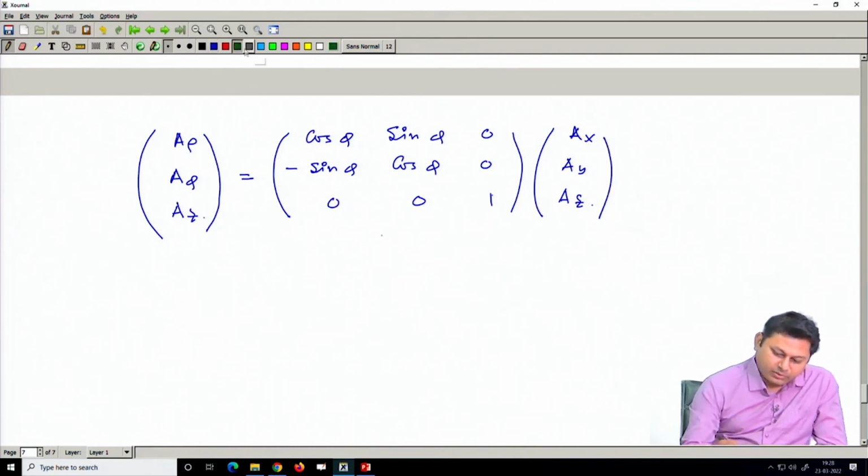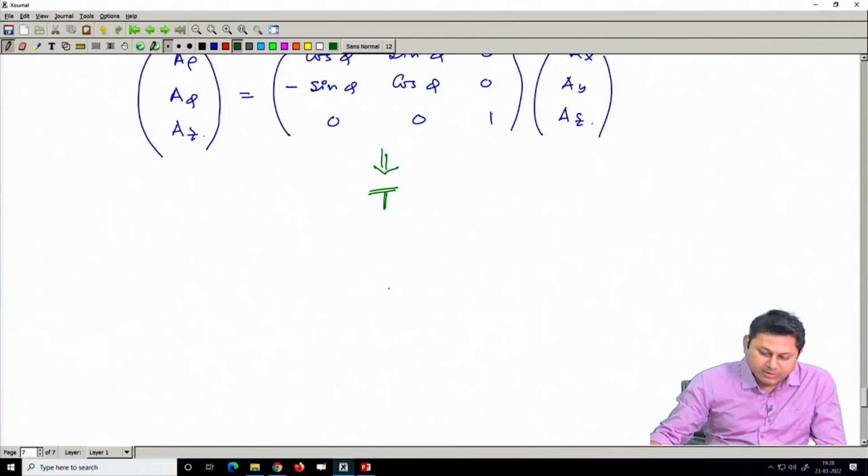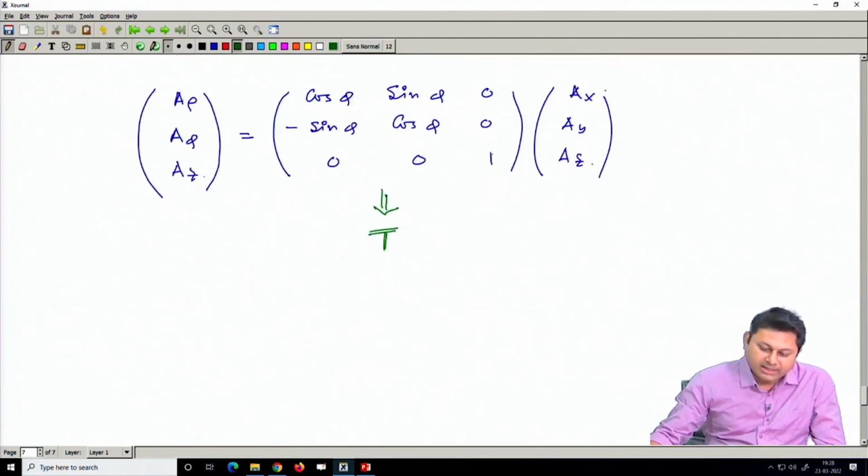You can see that you are getting the same matrix that we figured out last time. So this is a transformation matrix. If A x, A y, A z components are given, you can find the A rho, A phi, A z components by using this expression.